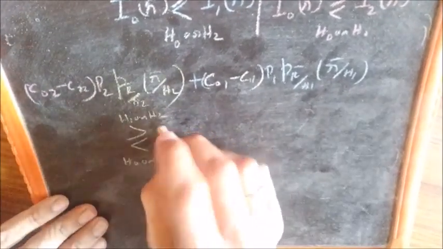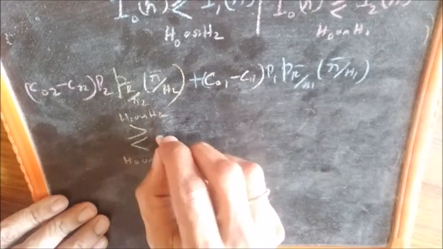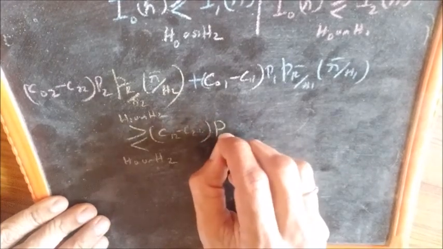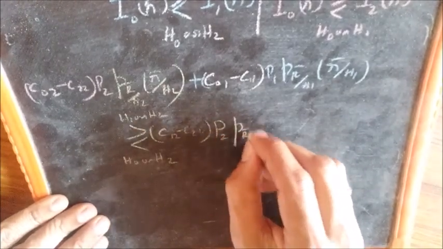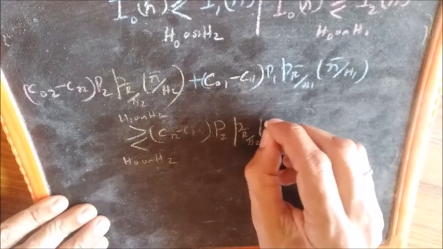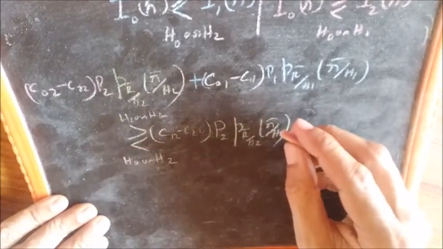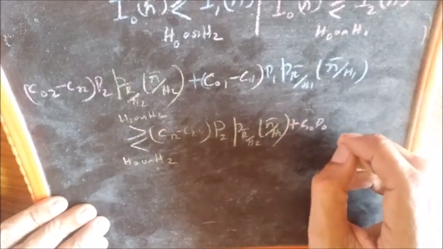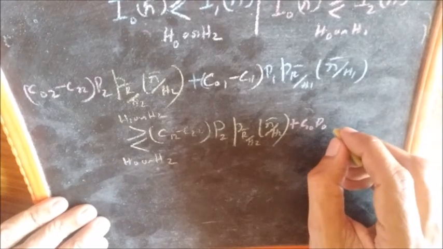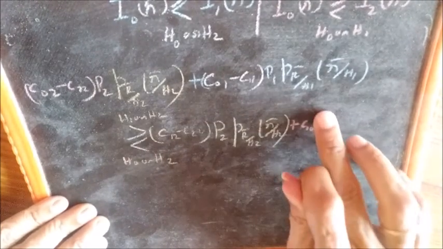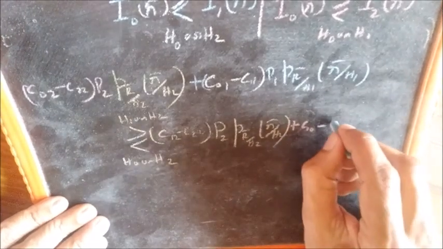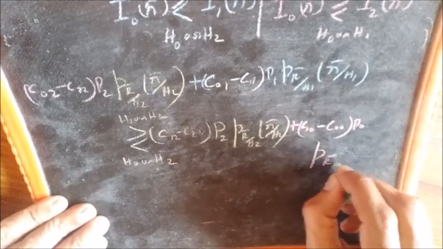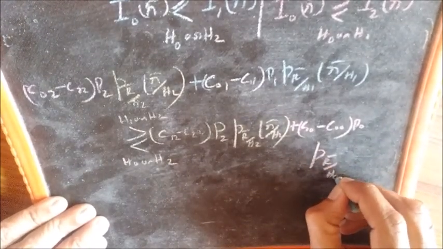And on this side I will write the full expression for I1(R), which is (C12 minus C22) P2 p(R given H2) plus (C10 minus C00) P0 times the probability density function of R given H0.